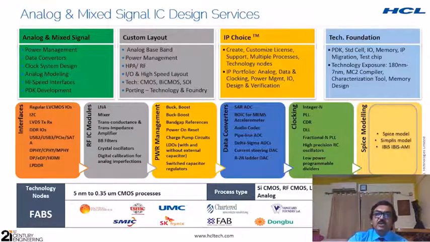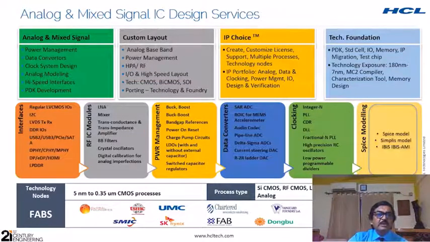We have IP Choice, a set of standard IPs that we own, and we are able to use them in different IC solutions that we provide to different customers. Apart from that, of course, we have foundation technology, having standard cell, I/O, memory, etc.